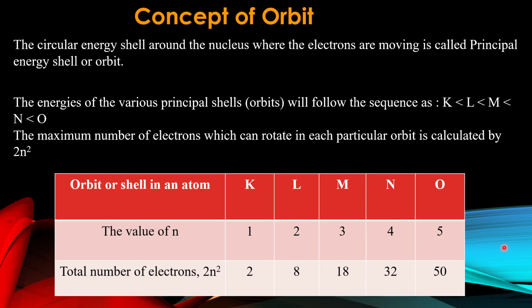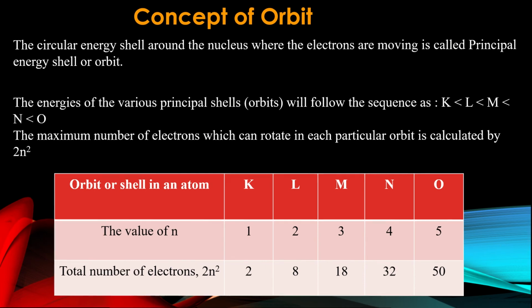In this way, L shell, that means second shell, where n is 2, the maximum electron holding capacity is 8. M shell has a maximum electron holding capacity of 18 electrons. N shell can hold 32 electrons. O shell can hold 50 electrons. In this way, the electrons can be present on different shells.